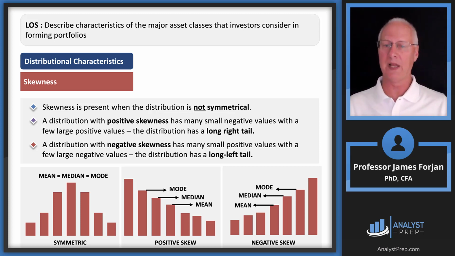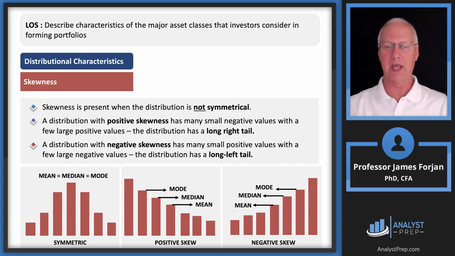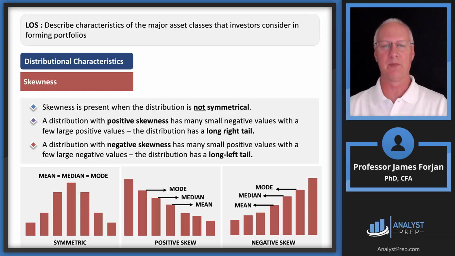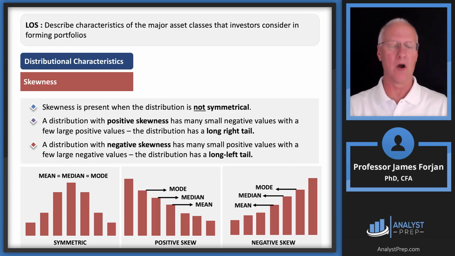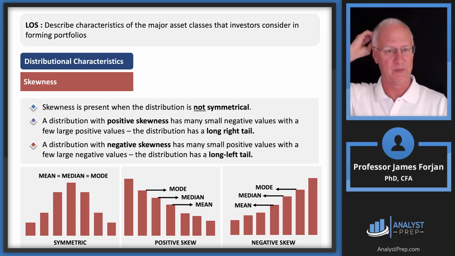Now, if you look on the left-hand bottom side where we have a bell-shaped curve, a symmetric distribution, then all we need are the mean and the standard deviation to fully describe the distribution. That's a condition under which the mean, the median and the mode are the same number. That's a symmetric distribution. But sometimes we have a third moment of the distribution, and that third moment is skewness.